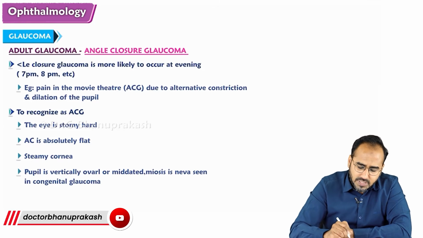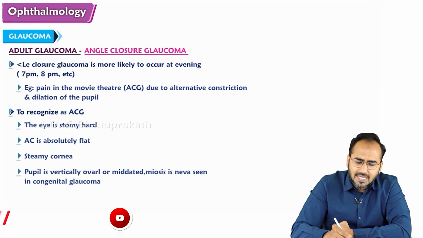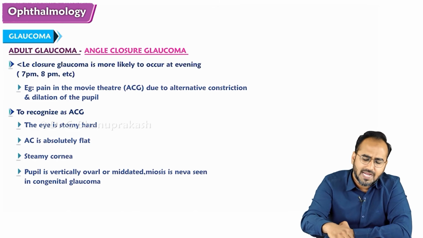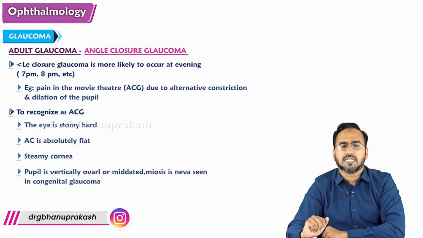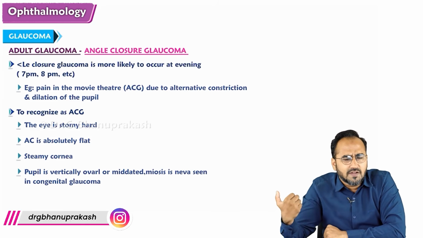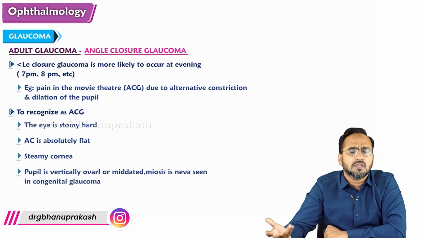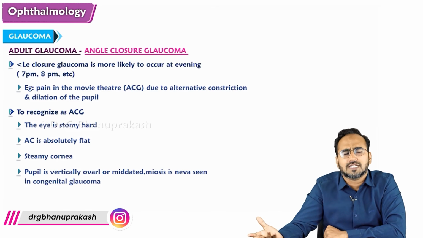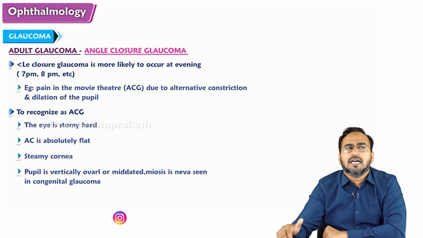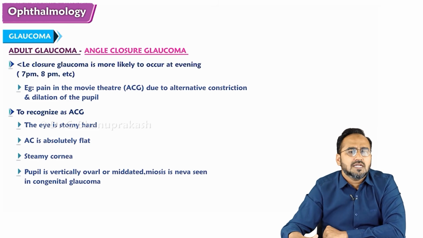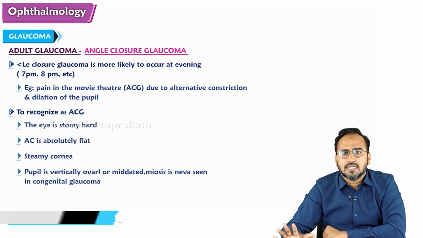The patient feels tremendous pain and also starts to have some vomiting. Right? Angle closure glaucoma is most likely to occur in the evening. Why not in the daytime? Because in the daytime, everywhere you are surrounded by lights, and your pupil is always constricted. At night, outside it is dark, while in your home you have lights.